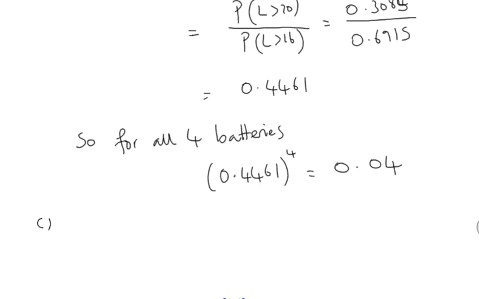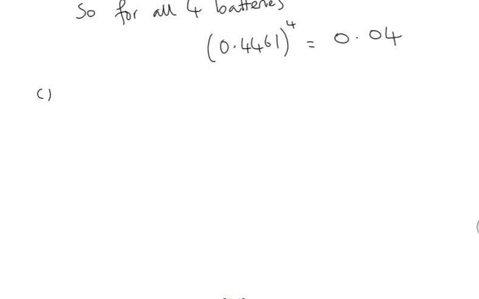Now for part C, she's stuck in a couple of new batteries, and she replaces 2. Show that the probability her calculator will not stop working for the remainder of exams is 0.199. So for the 2 new batteries, they only have to last 4 hours.